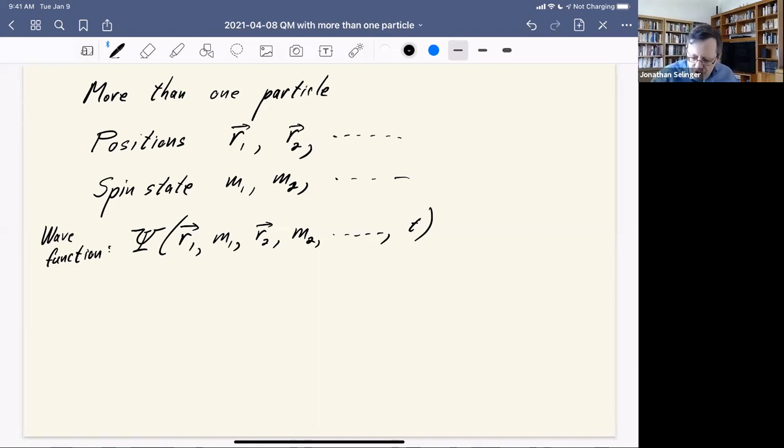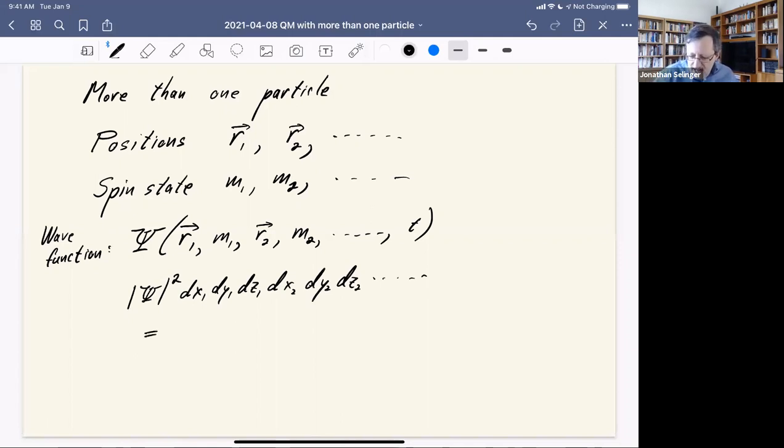And so we would say, if we want the statistical interpretation, we could take the wave function magnitude squared, times dx1, dy1, dz1, dx2, dy2, dz2, however many d's there are for all the particles.